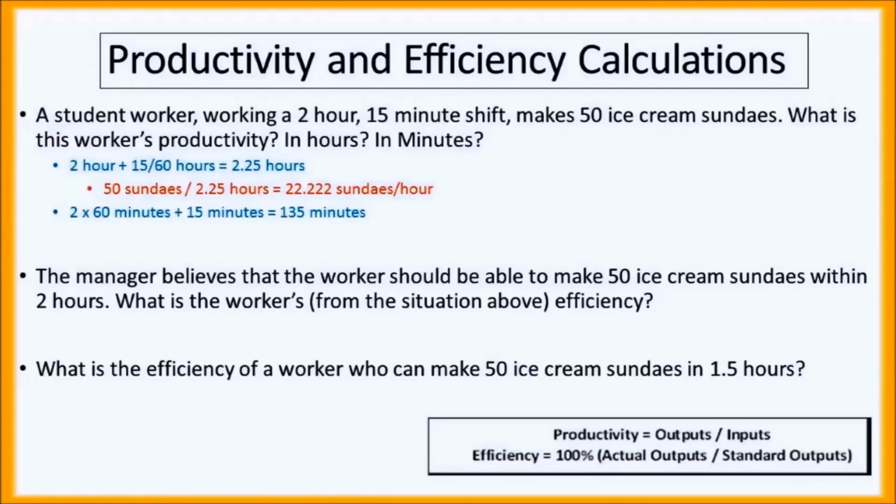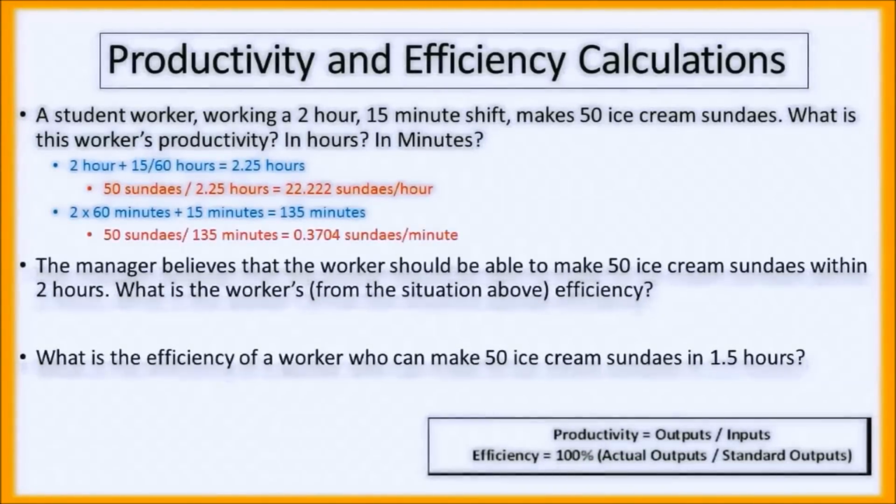And we calculate then the productivity the same way. It's the output, the number of ice cream sundaes, divided by our inputs, which in this case is the time. So the productivity is 50 sundaes divided by 135 minutes, or 0.3704 sundaes per minute.